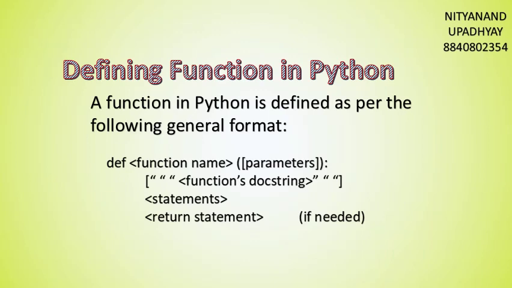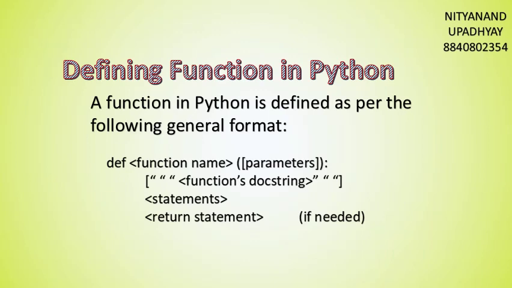Now defining a function in Python means what the structure of a function in Python will be. So you can see, you must write def, and after that you write the function name, then you define the parameters if any, and then you put a colon sign.